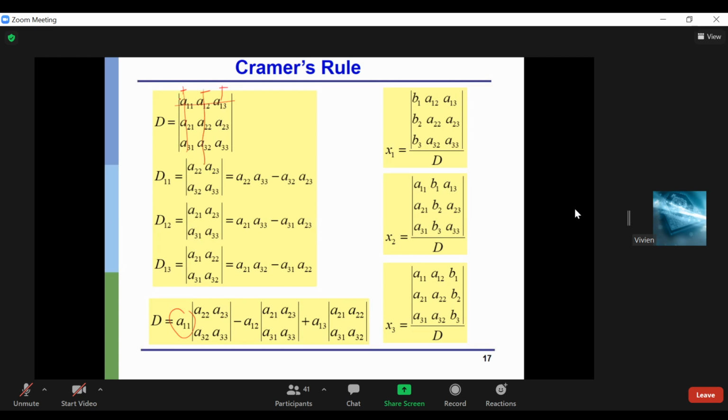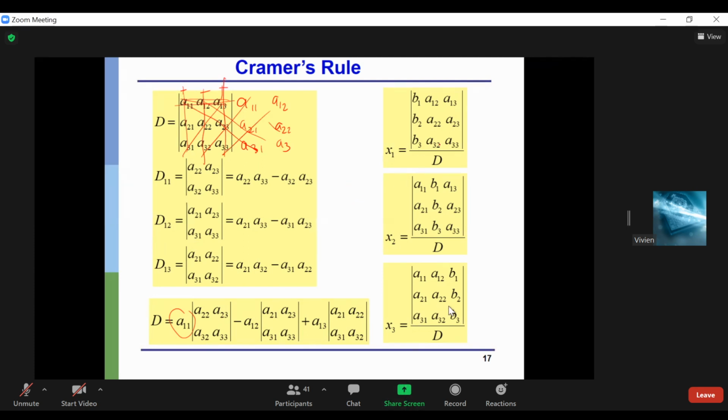Minus, next we take this one, A21 times A33 minus A31 times A23, and so on, plus the next one here, A21 times A32 minus A31 times A22. Or sometimes we write it down like this. I think you still remember. So we do the calculation like that. Okay, so this is basically finding the determinant.